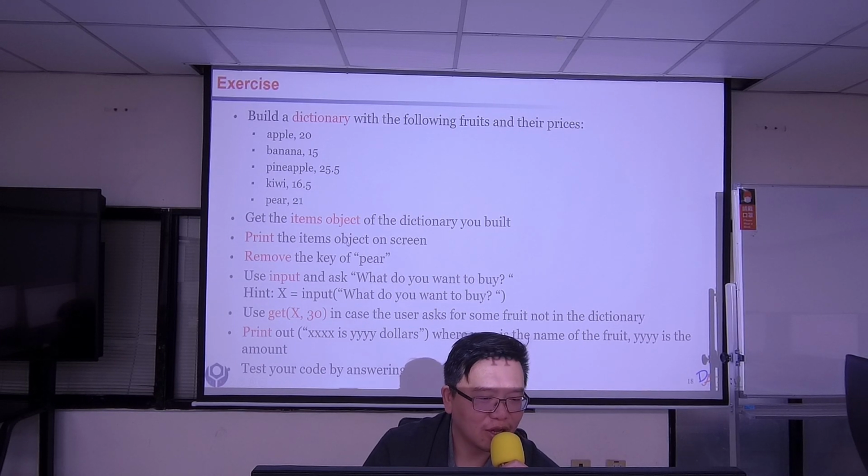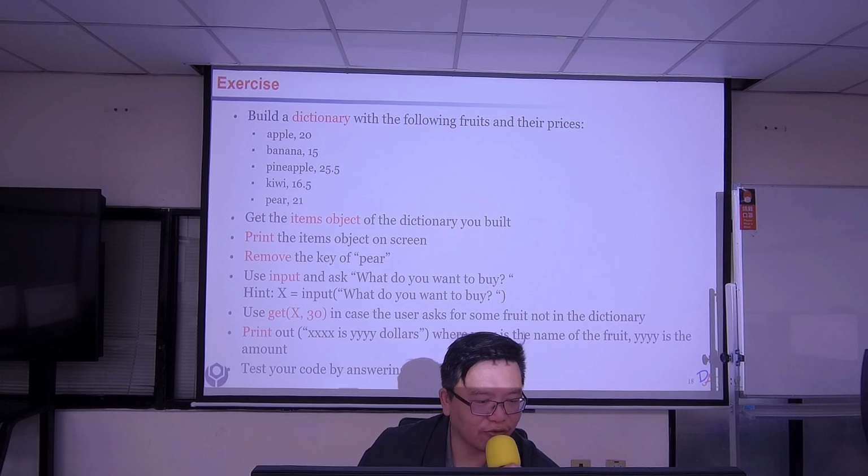Just imagine you are a fruit owner and you want to show, here's a list of fruits and the values. An easy way is just to get an object and print. Then I want you to remove one of the fruits.